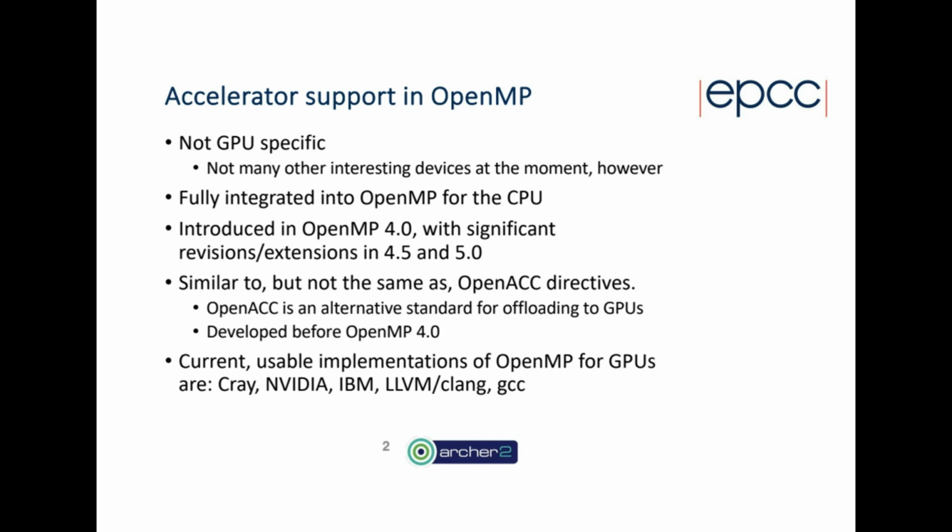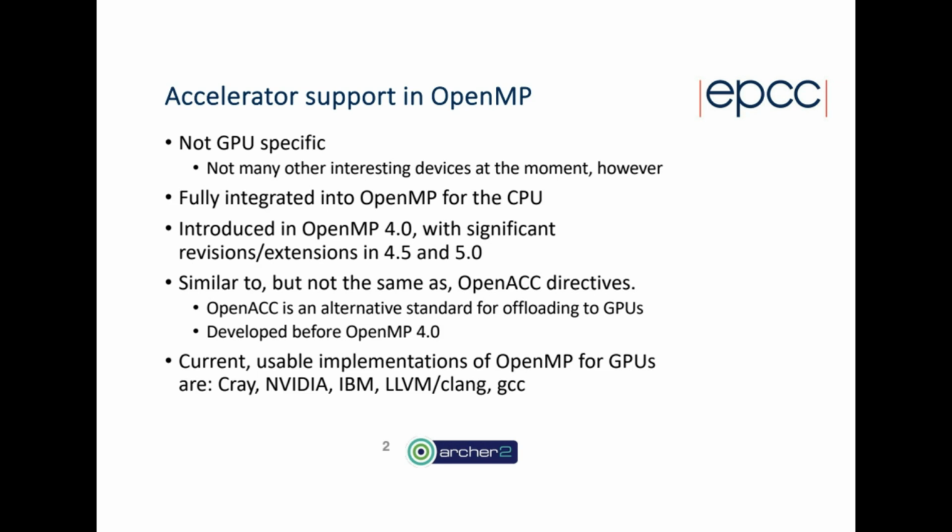If you've come across OpenACC, then OpenMP is similar in spirit to, but not the same as, the OpenACC directives. OpenACC is an alternative standard which uses directives in a very similar way to OpenMP for offloading to GPUs, and was developed before OpenMP 4.0.